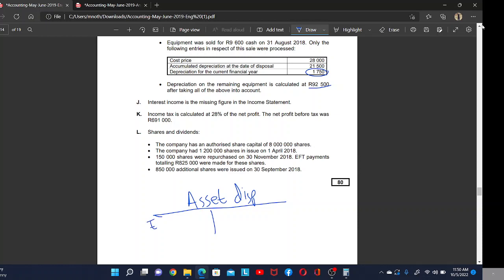The equipment that is sold has a cost price of 28,000 and its accumulated depreciation is 21,500, and then it was sold for cash at 9,600.